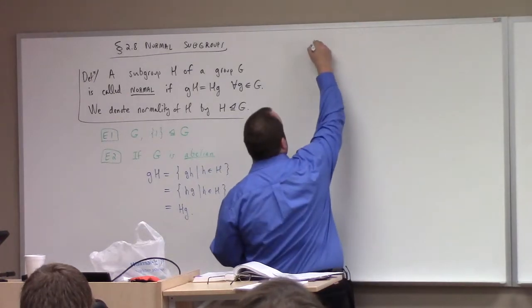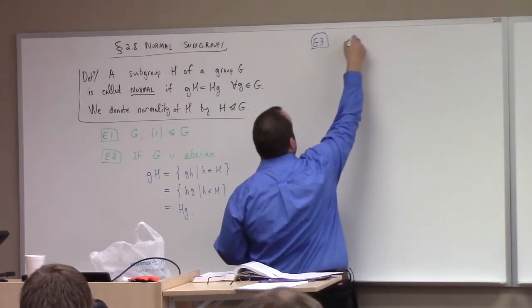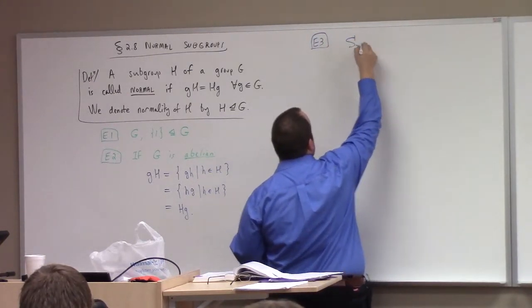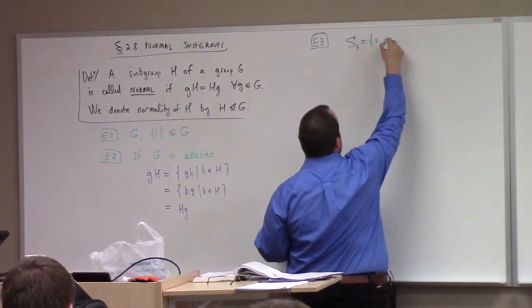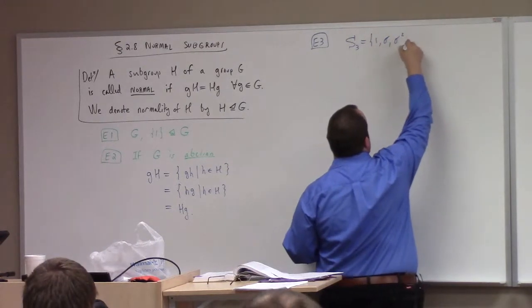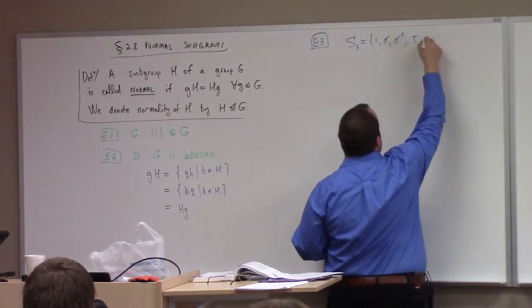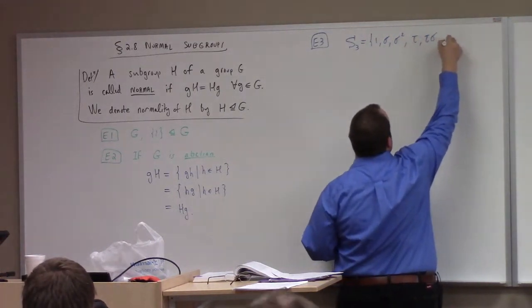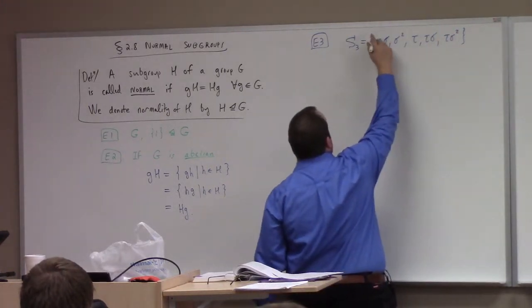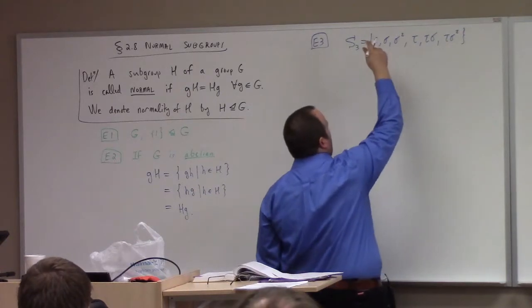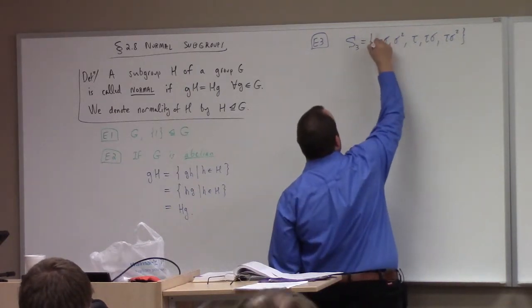Perhaps a less boring example, example 3, and I kind of stumbled into this the other class. If we look at S3, which is what? 1, sigma, sigma squared, tau, tau sigma, tau sigma squared, and you can use epsilon there if you want. I'm going to use 1. 1's nice.